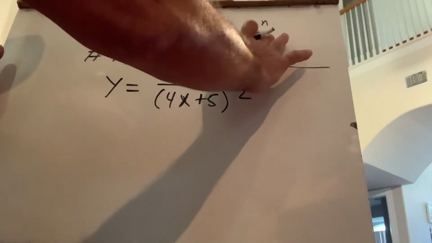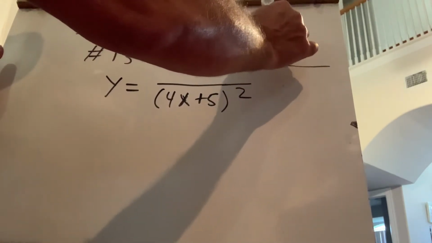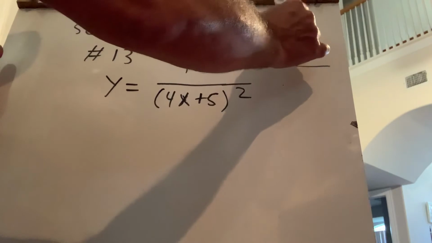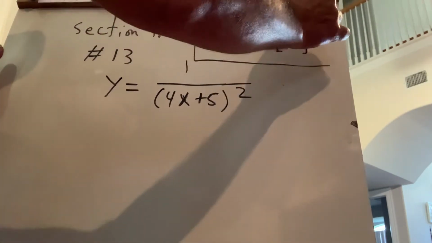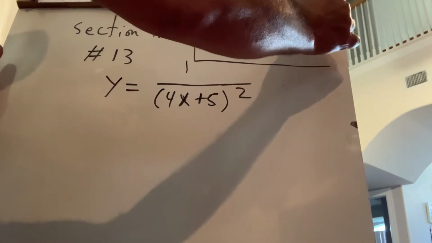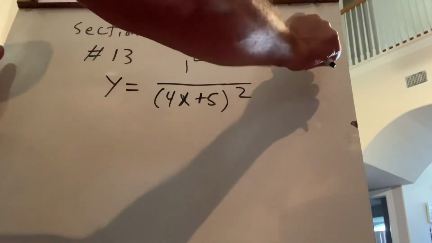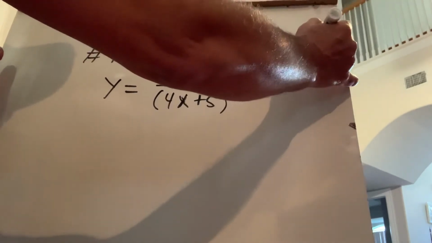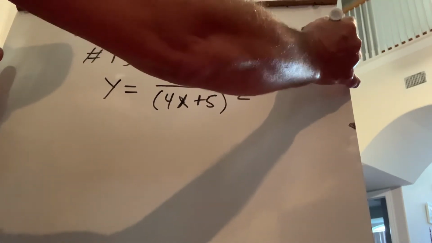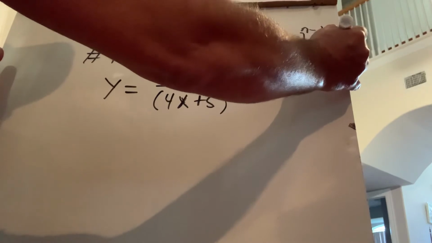So basically the rule says you bring the power down, multiply by the function itself, and then raise it to the power, whatever the power was, minus 1, and then times, and this is a part that a lot of students forget, times the derivative of the function that is being raised to a power. We're just going to use f prime, which is the notation for the derivative, right?